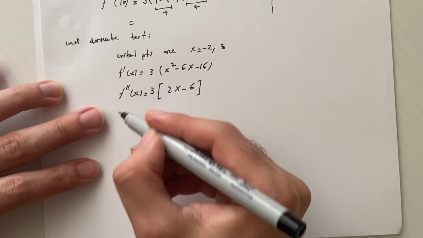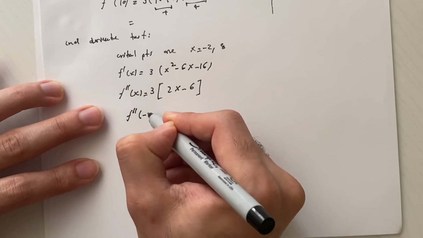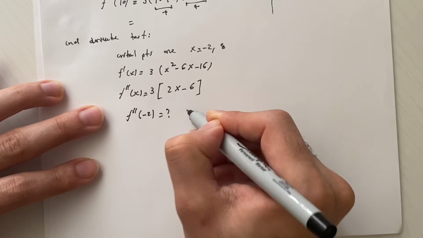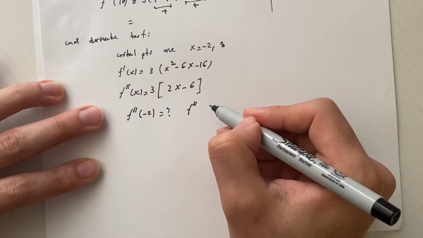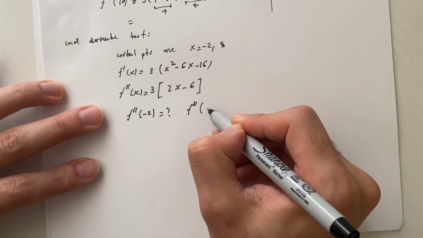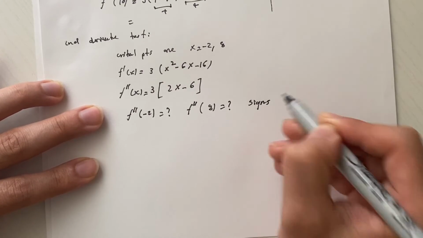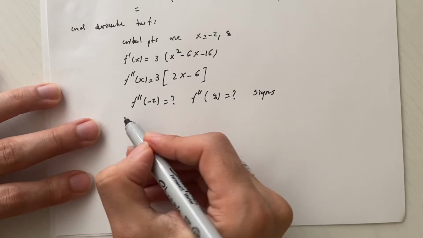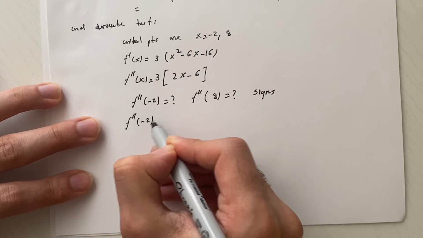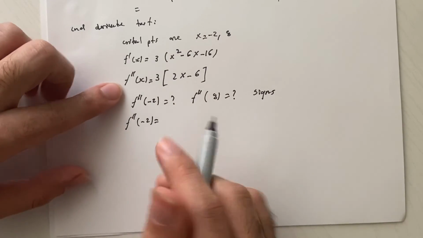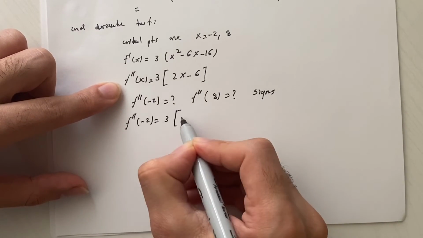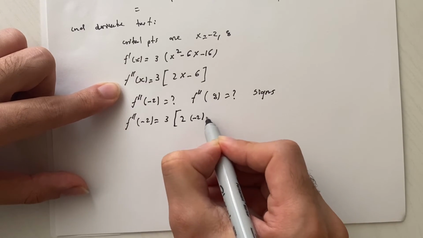Now, the second derivative test says we have to evaluate our critical points at the second derivative. We want to see the signs of our critical points evaluated in the second derivative. So we'll start with minus 2. It's 3 times 2 multiplied by minus 2, minus 6.